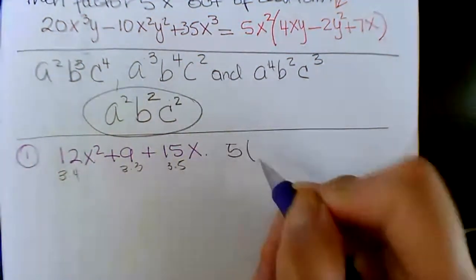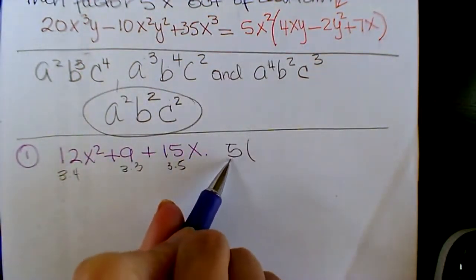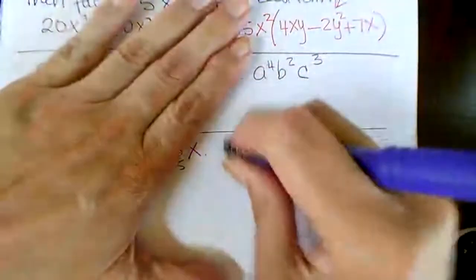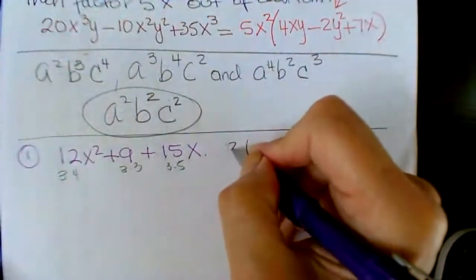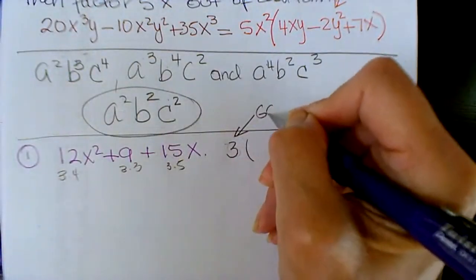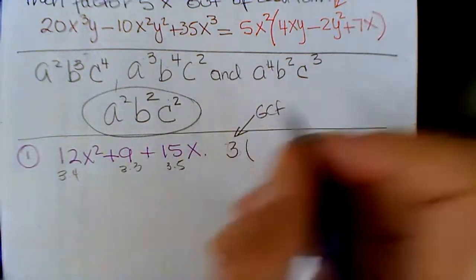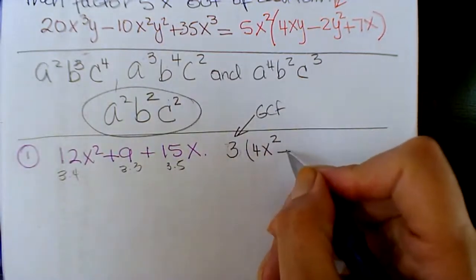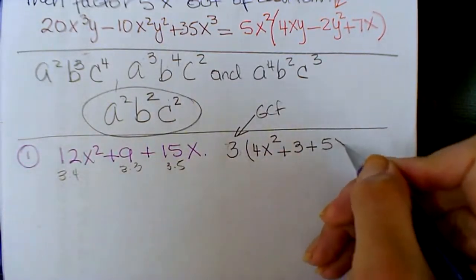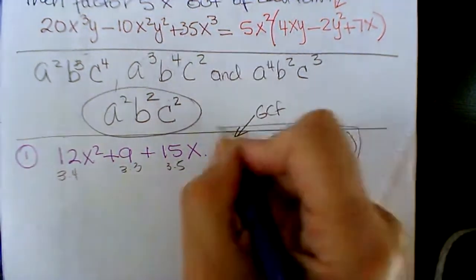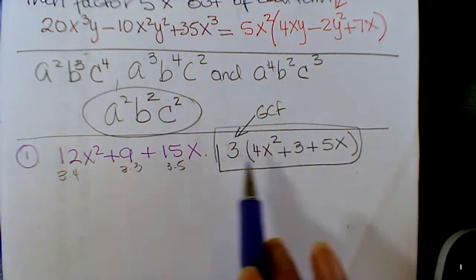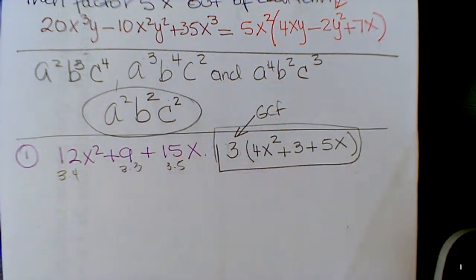No. So 3 is my greatest common factor. So what do I have left here? I have a 4x squared, a 3, and a 5x. I found my greatest common factor first, and then I factored it out. Okay?